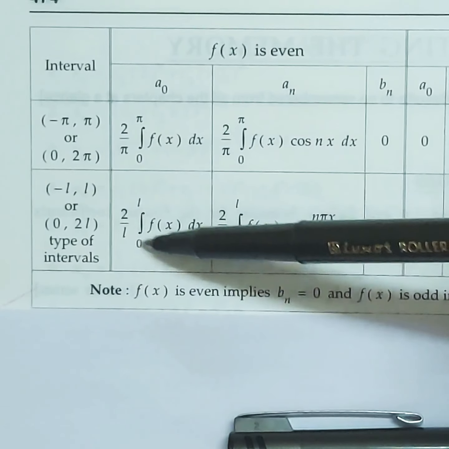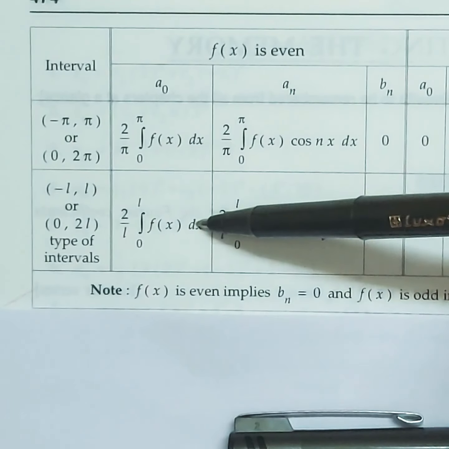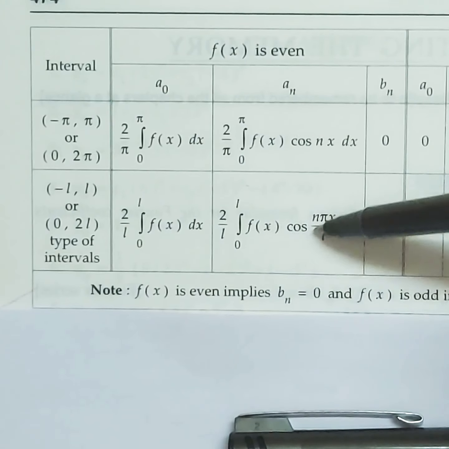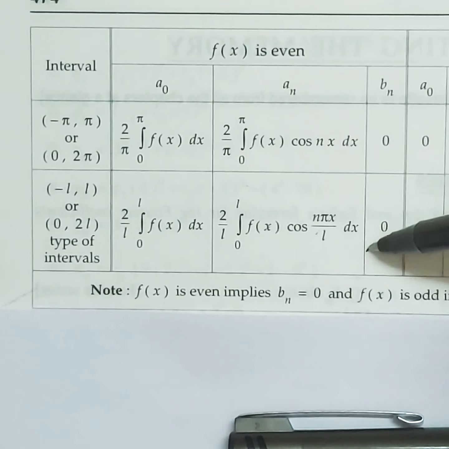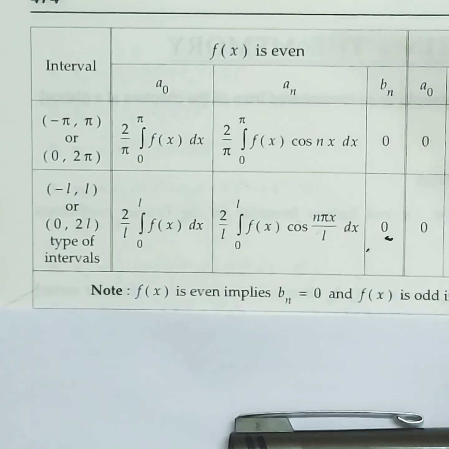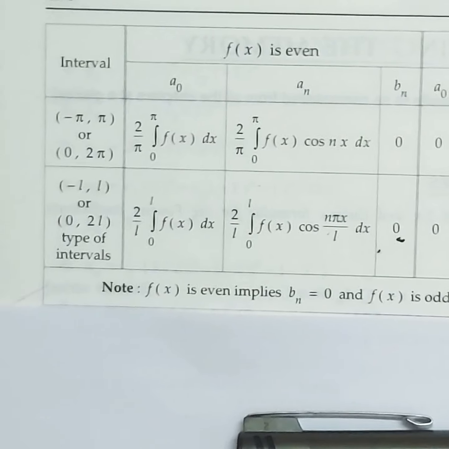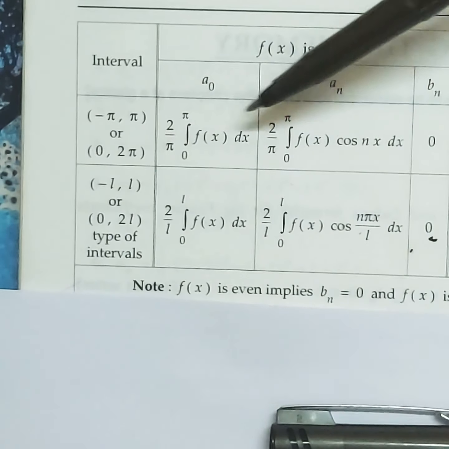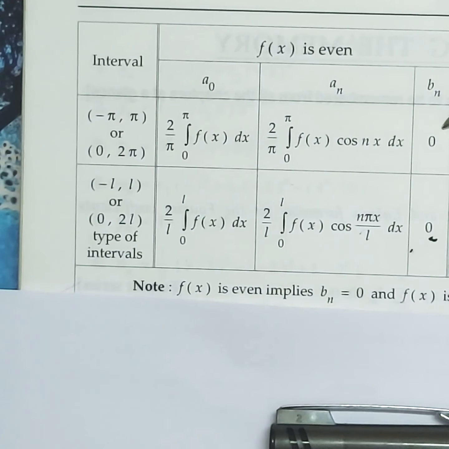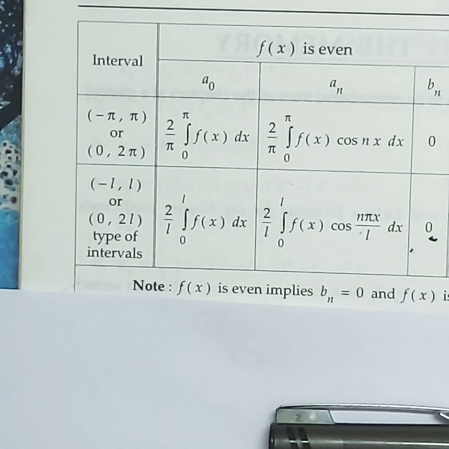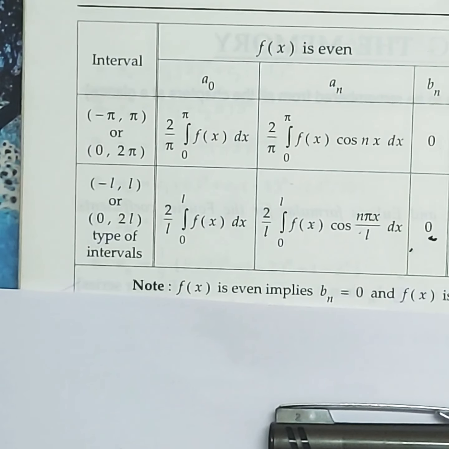A naught is 2 by L integral 0 to L f of x dx, and an is 2 by L integral 0 to L f of x cos n pi x by L dx. In both the cases, bn will become 0 when the function is even. Okay. So you can see this clearly now. So this is a naught, this is an, bn is 0. Again, this is a naught, this is an, and bn is 0.